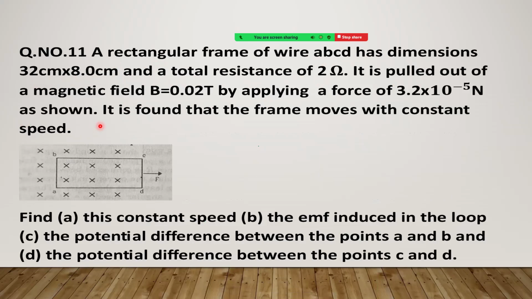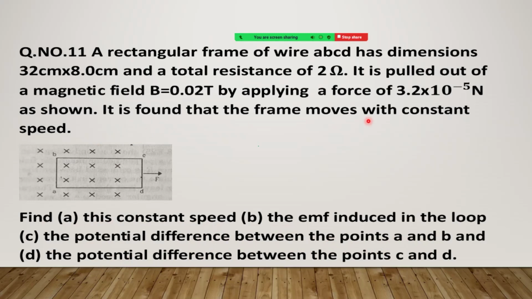It is found that the frame moves with a constant speed. Find this constant speed, the EMF induced in the loop, the potential difference between the points A and B, the potential difference between the points C and D. Okay, let us see how to start.